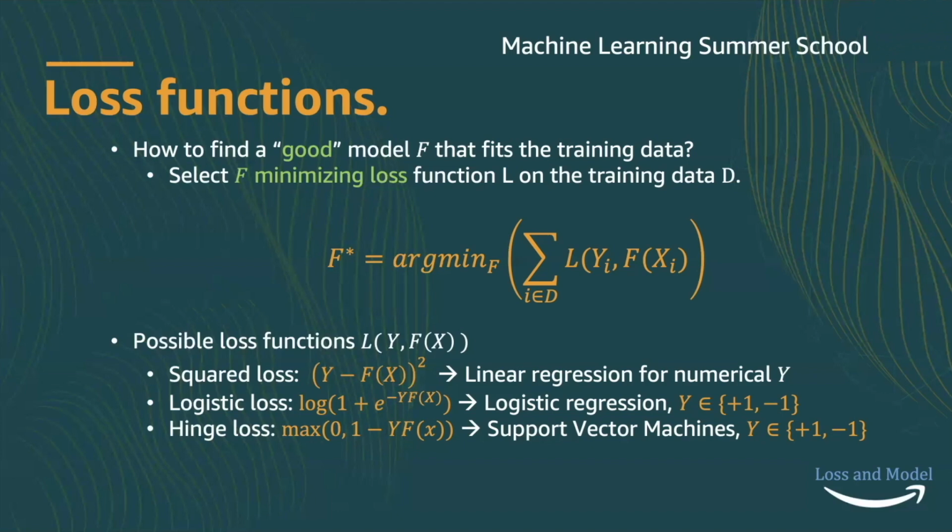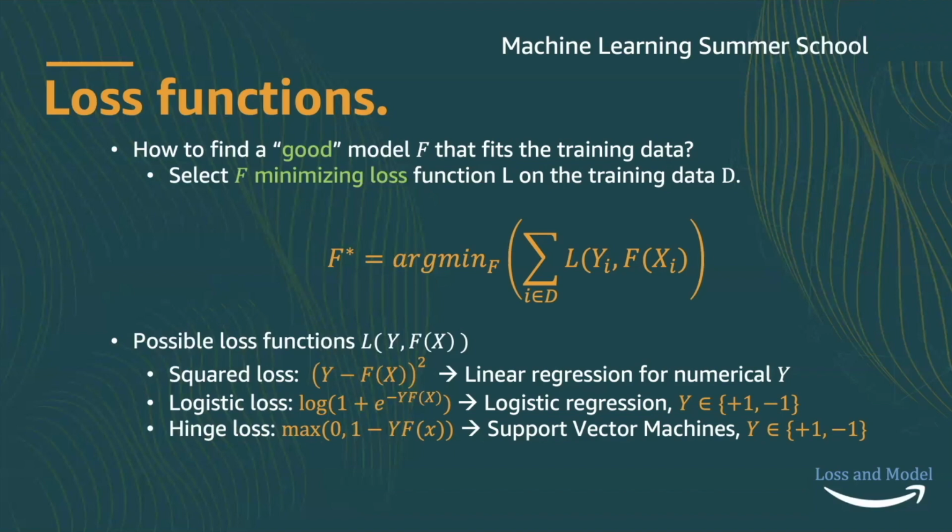The true value, for example, could be in a regression, let's say it's 33. F could be a very good model and it's making a very close prediction of 33.2, or it could be a very bad model and it's making a very far off prediction like 47. So F of X is an estimate of the true value Y. Now, how do you determine if a particular F is a good model or a bad model?